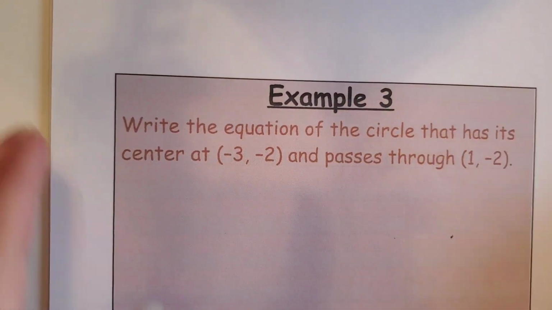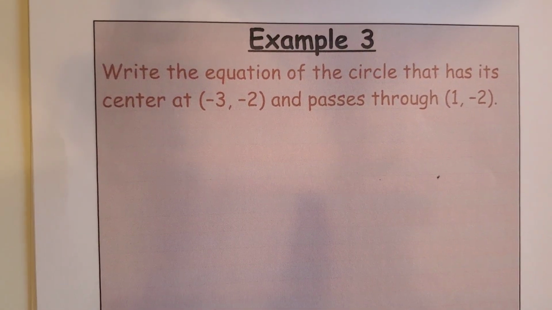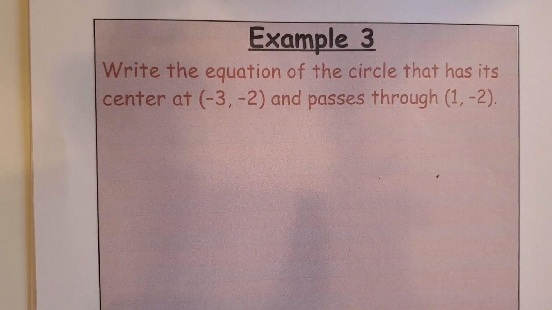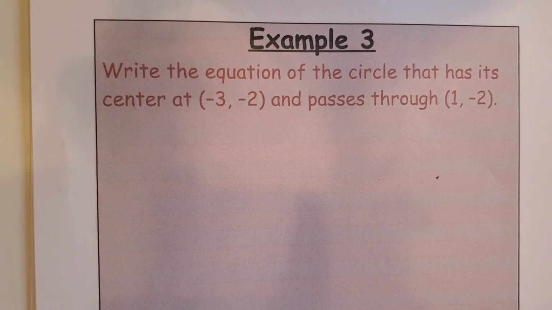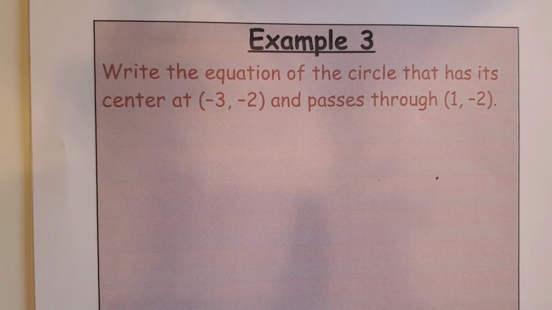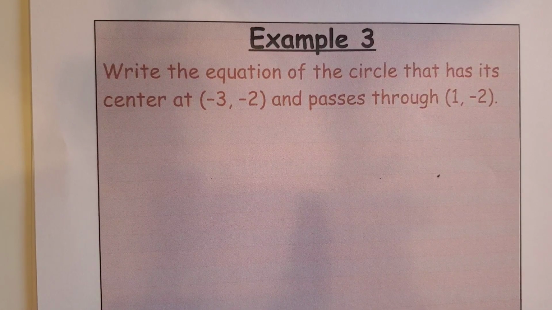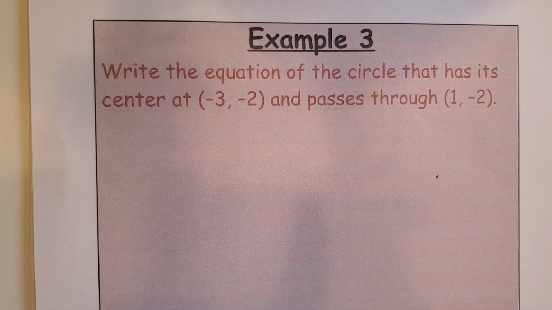And that's that for that. Things are about to get slightly more complicated. This is geometry level 1 after all. Write the equation of the circle that has its center at -3, -2, and passes through 1, -2. So, hold on, I've got to think about this for a second. You have half of your information, at least.